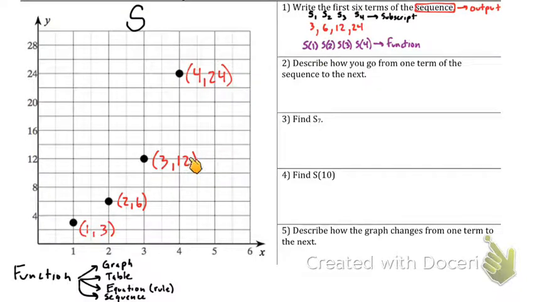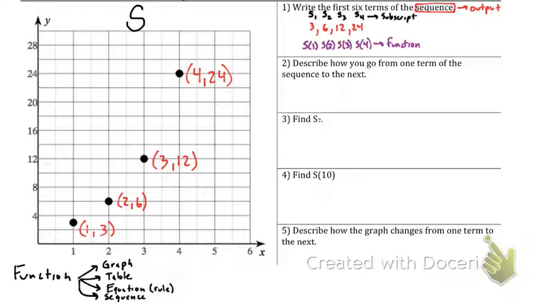My third output is 12. Okay? That's how this subscript works. It means the same thing here. When we use function notation, instead of using small numbers at the bottom, we're just using numbers in parentheses that mean the same thing. So it's, I want the first output of function S, which still would be 3.